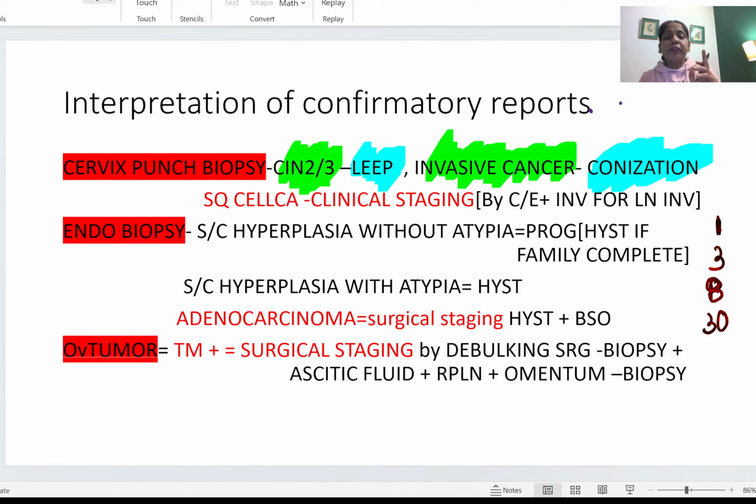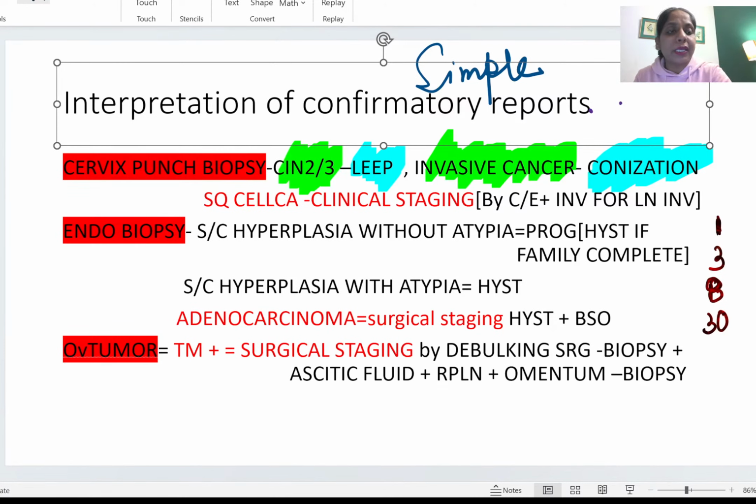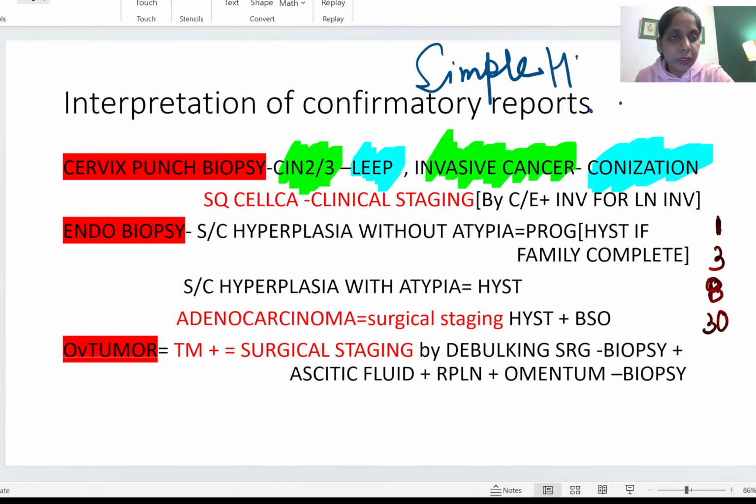It is very frequently asked that if on the report the pre-malignant lesion has come as simple hyperplasia without atypia, what is the risk?